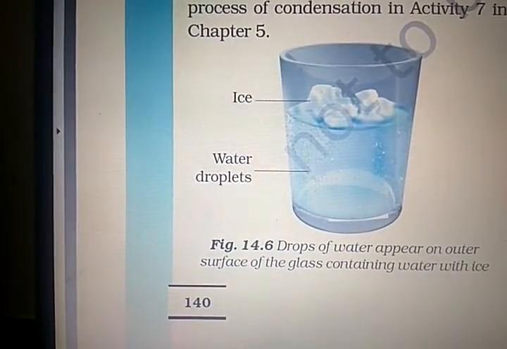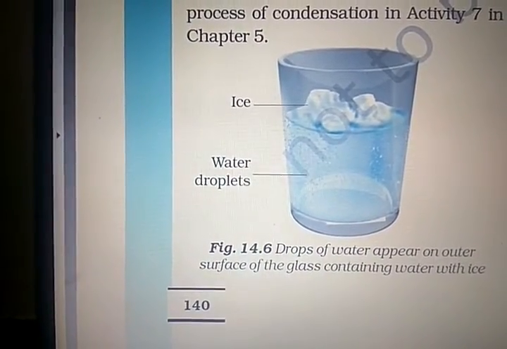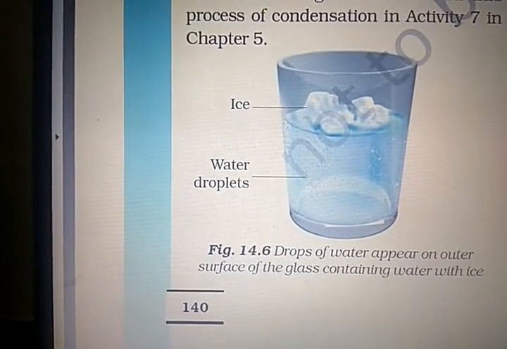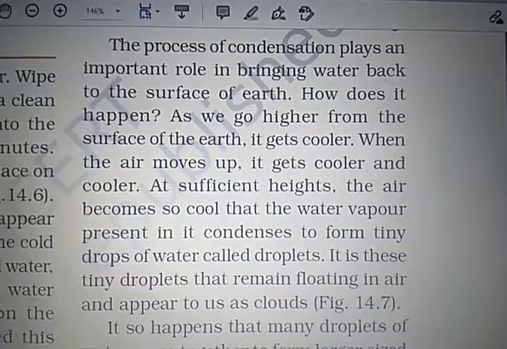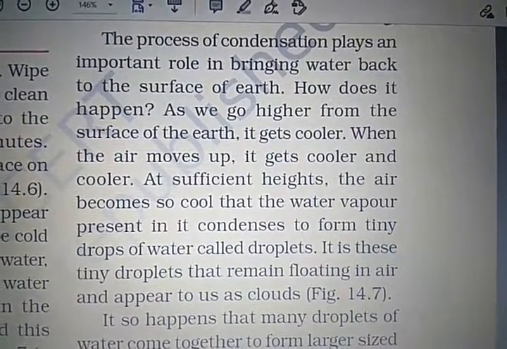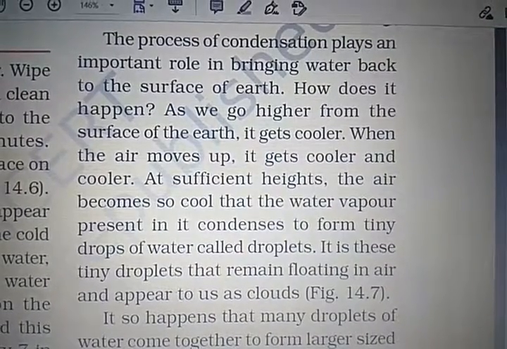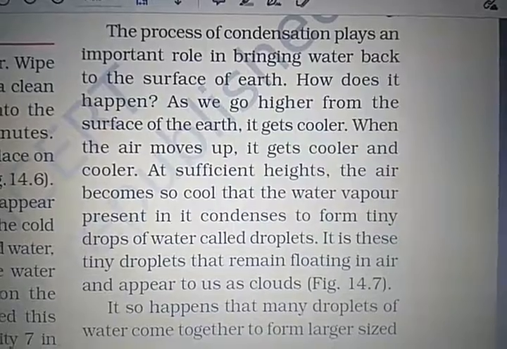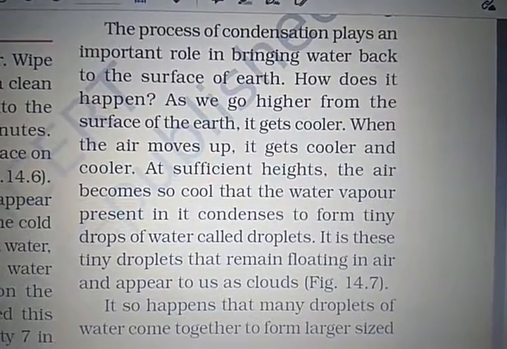In this diagram, drops of water appear on the outer surface of the glass containing water with ice. So the process of condensation plays an important role in bringing water back to the surface of the earth. How does it happen? As we go higher from the surface of the earth, it gets cooler.